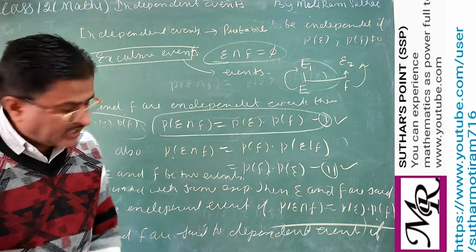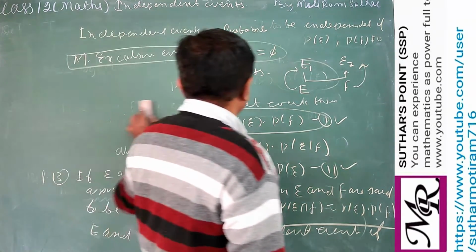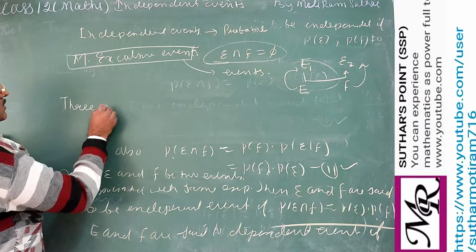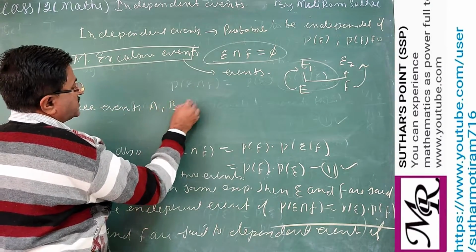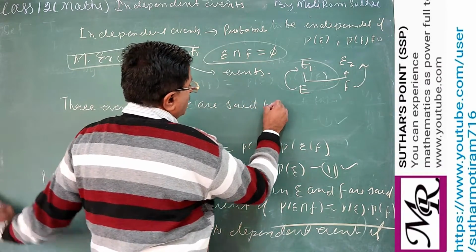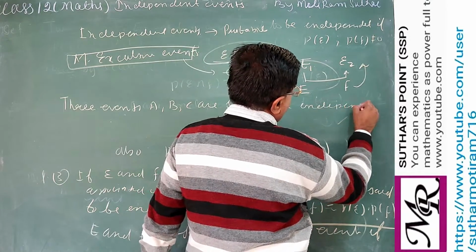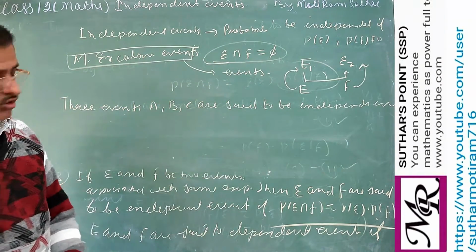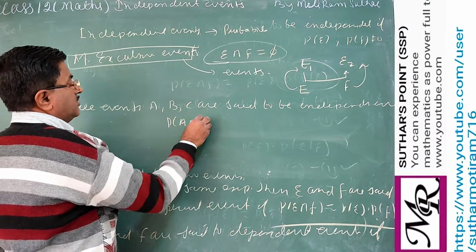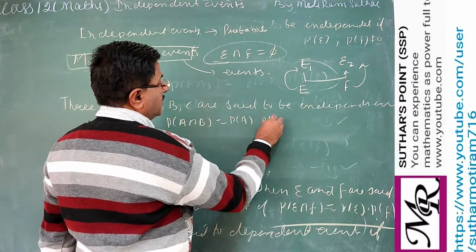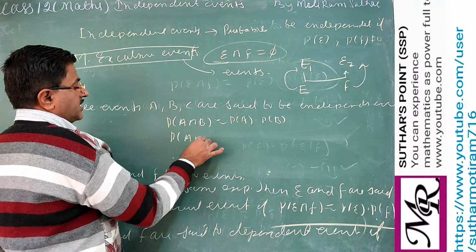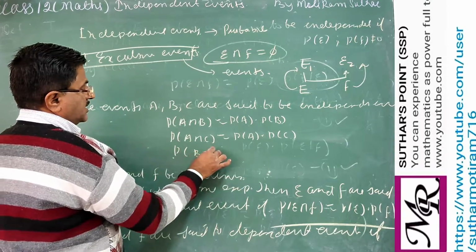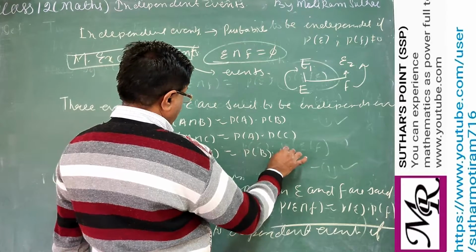And the third case, three events. We can say three events A, B, C are said to be independent if the pairwise results are true. P(A ∩ B) should be equal to P(A) × P(B), P(A ∩ C) should be equal to P(A) × P(C), and P(B ∩ C) should be equal to P(B) × P(C).